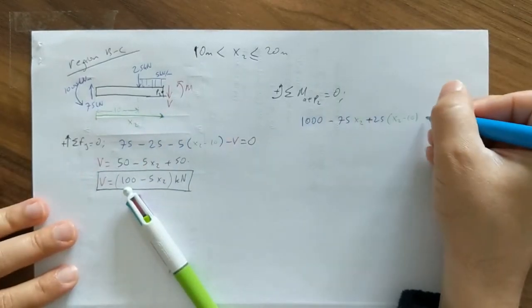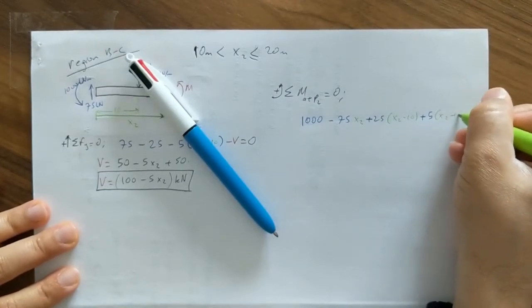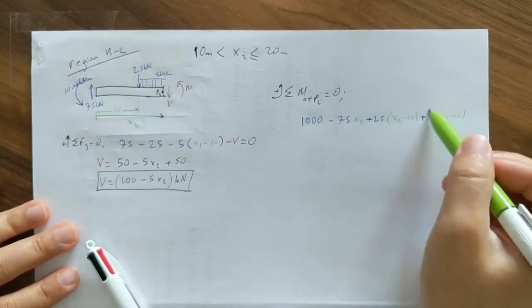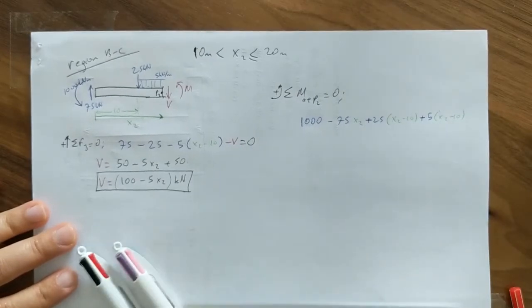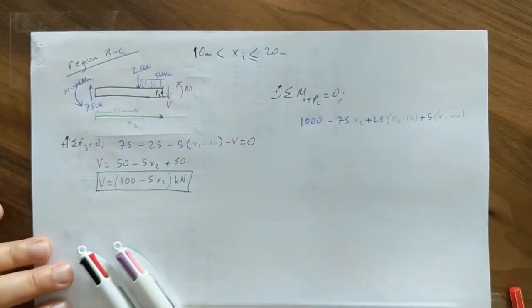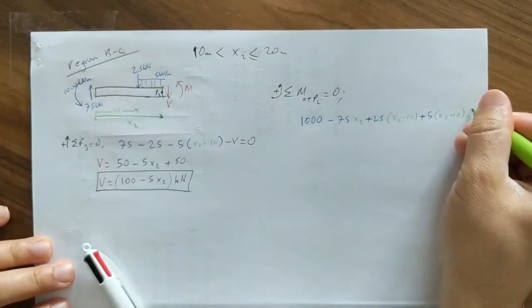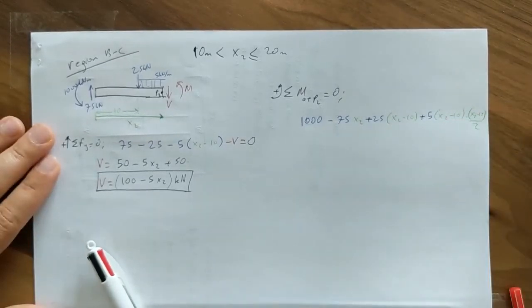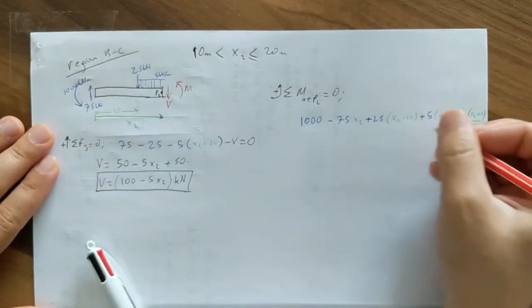And then the distributed load, it is rotating in positive direction, 5 times (x2 - 10). So this is the resultant of the distributed load. We multiply this by the force arm of the resultant force, which is (x2 - 10) over 2, half of this distance. And finally, the internal moment, which is positive.